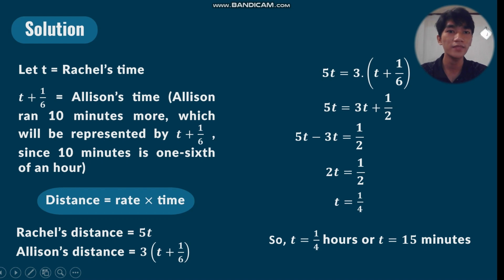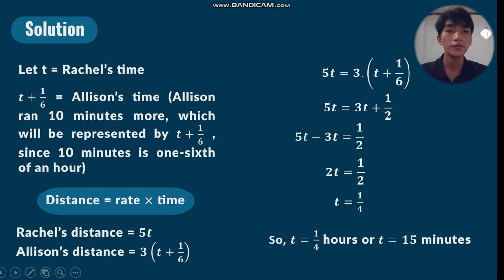So this is 5t as 3 times t plus 1 over 6. So okay, I'm sorry. So 5t is 3t plus 1 over 2, or half this one.